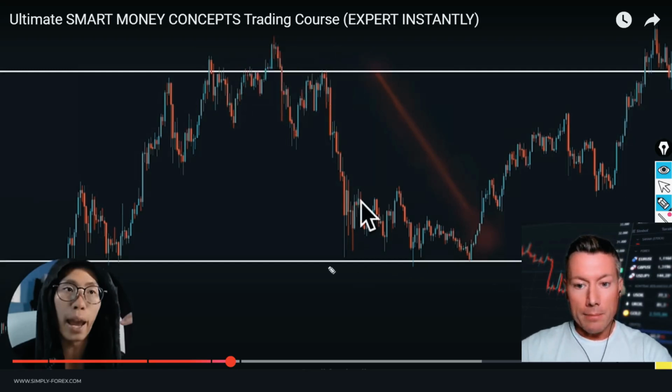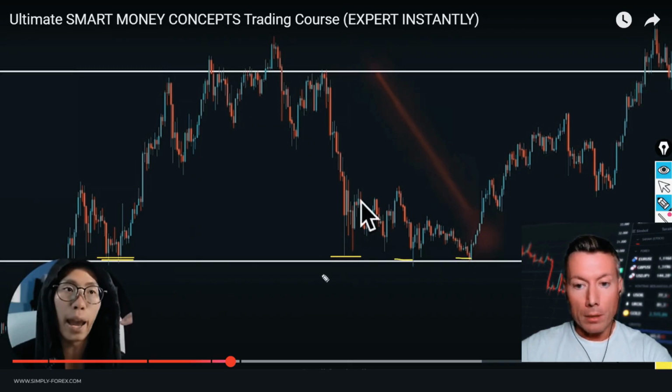Now, it's the same. This line here is what he's saying is an order block. I don't disagree with him, right? There will be a lot of orders sitting in here. So why are there orders sitting in there? Because if you look to the left, it was previous support, support, support, support.